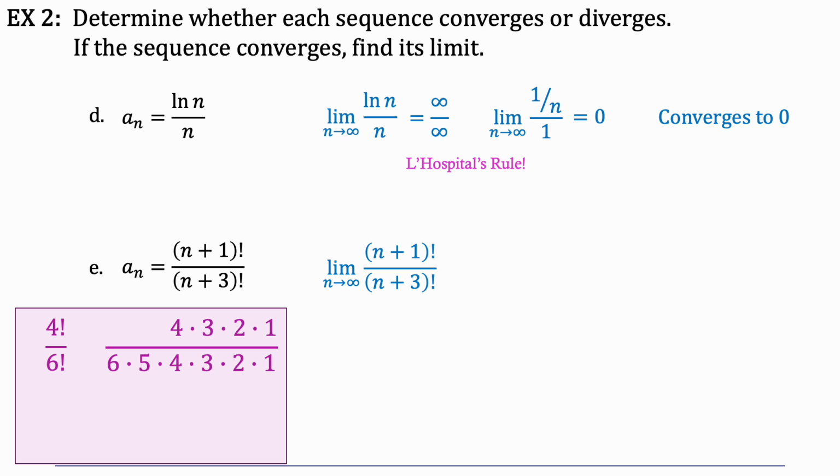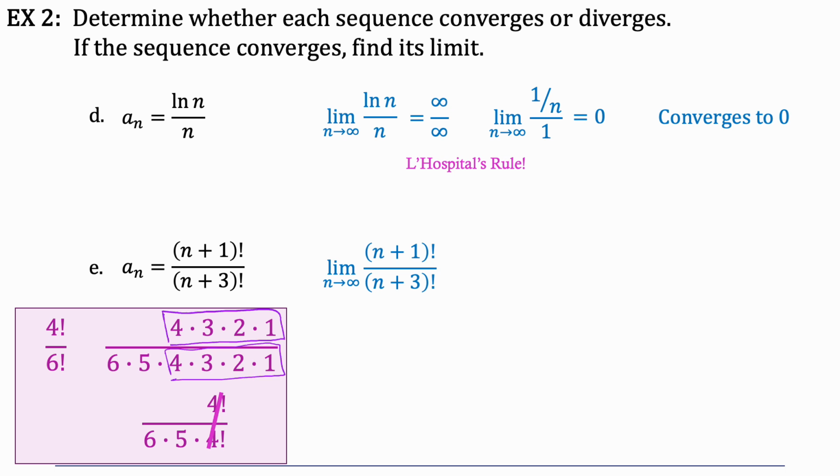So notice here, 4 times 3 times 2 times 1, that's 4 factorial. So actually, I could rewrite that as 4 factorial over 6 times 5 times 4 factorial. And now those 4 factorials just cancel out.